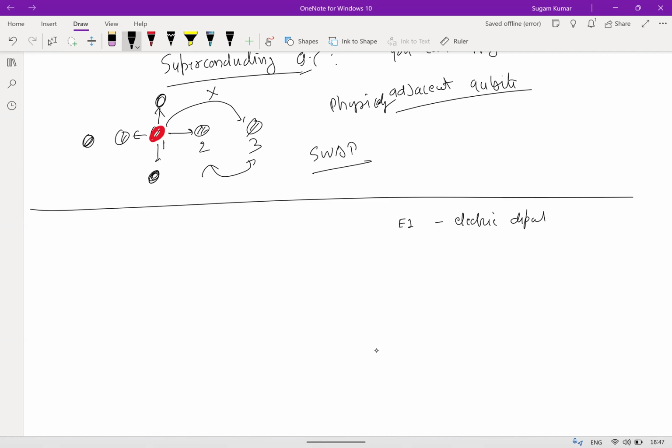Then M1, that is called the magnetic dipole. Then E2, that is called electric quadrupole. Similarly M2, then E3, then M3, and so on. Higher orders, you can say.